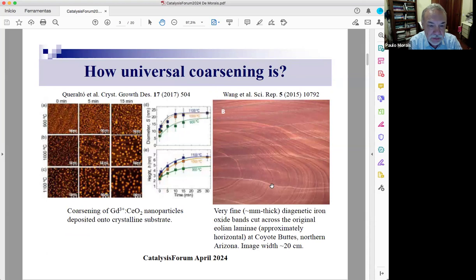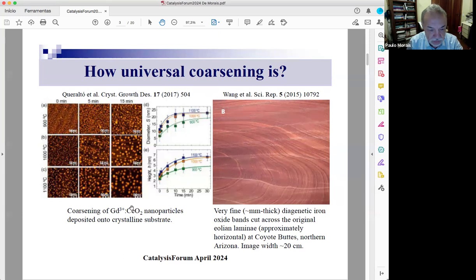If you look at the literature, coarsening is really a very universal, natural process, actually. On the left-hand side of my slide, you can see gadolinium-doped ceria nanoparticles that were deposited on a crystalline substrate.